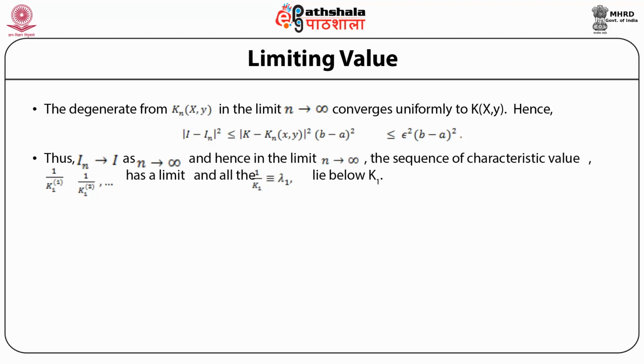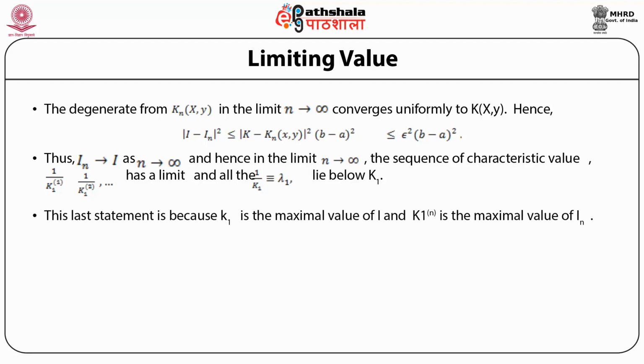Hence, in the limit n goes to infinity, the sequence of characteristic values 1 upon k_11, 1 upon k_12, etc. have a limit 1 upon k_1, equal to λ_1, and all the k_1n's lie below k_1. This last statement is because k_1 is the maximal value of I and k_1n is the maximal value of I_n.